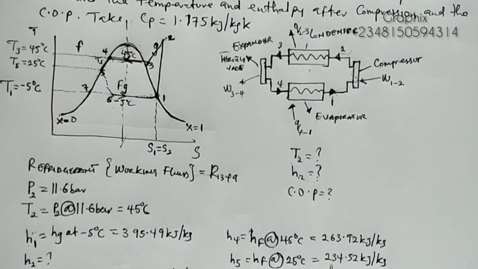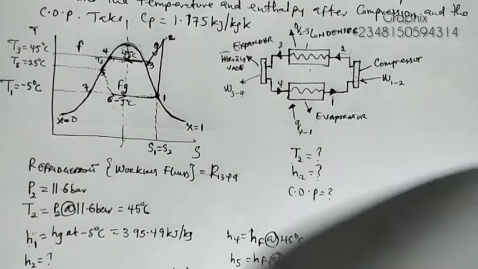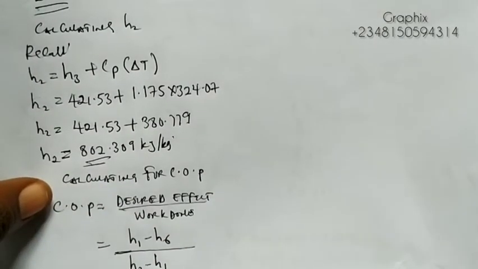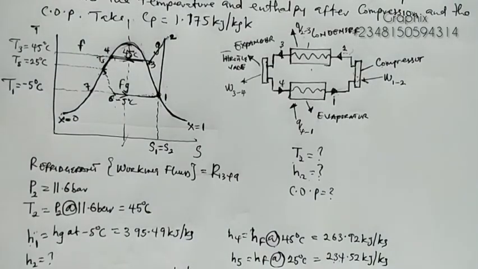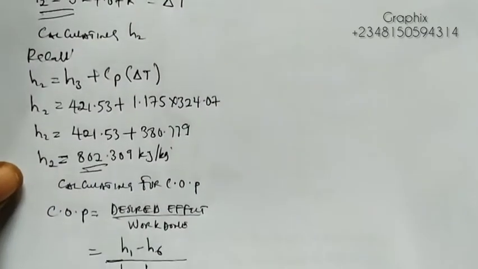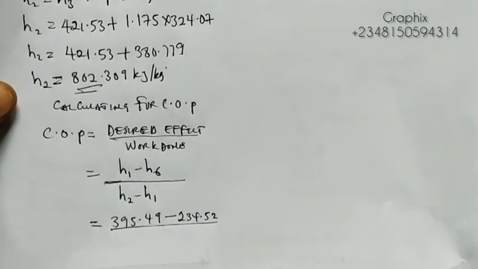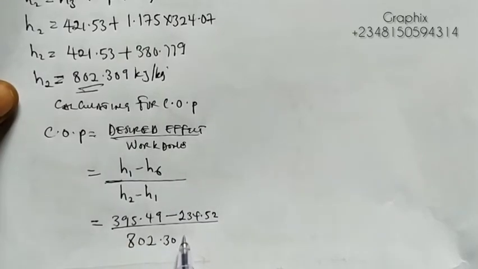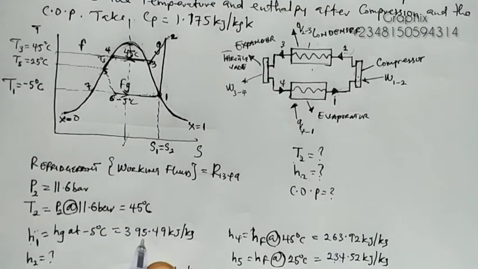Our H5 is 234.52. So we have 234.52 all over H2. What is H2? H2 is what we just got here, which is 802.309. We have 802.309 minus H1. H1 is given to be 395.49.